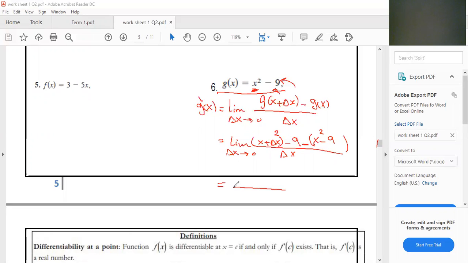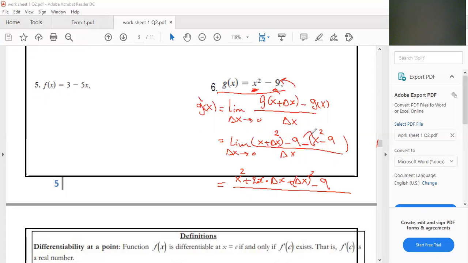All of these you will learn in the first term in your faculty. Here, distribute. This is the perfect expansion of squaring any bracket. It will be x squared first, plus 2 multiplied by x multiplied by delta x, plus delta x squared, minus 9.